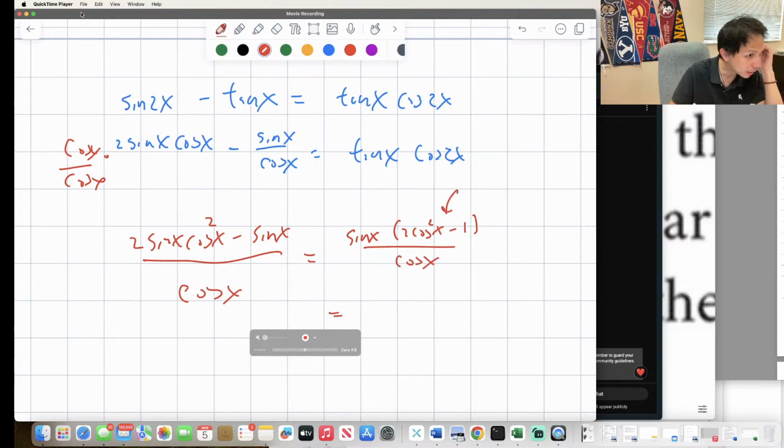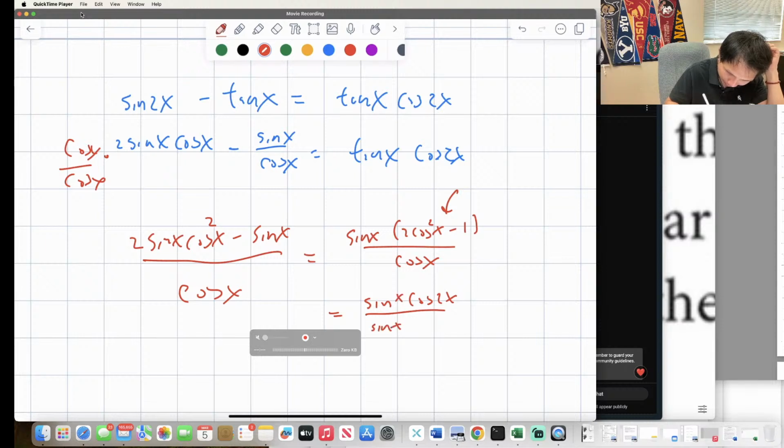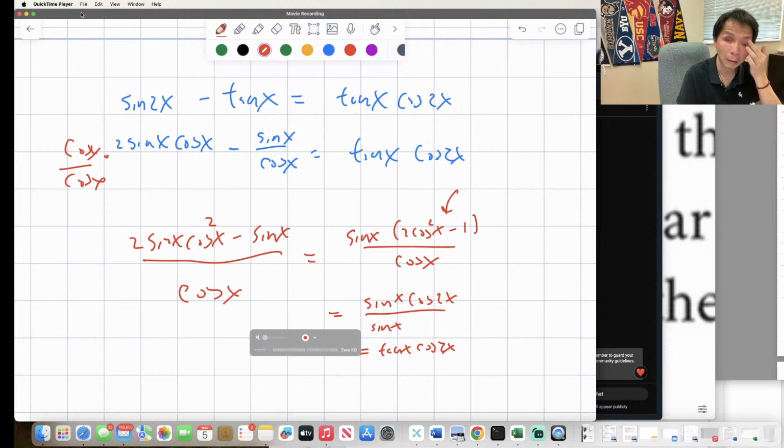What is this? It is cosine 2x. And that's equal to tan of x cosine 2x. And that's it. Very easy.